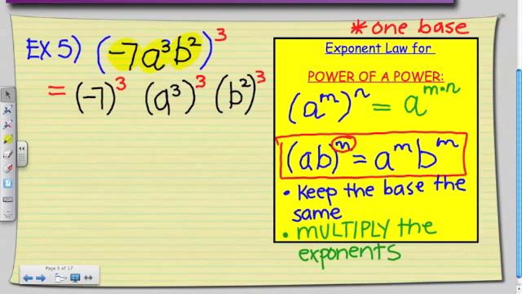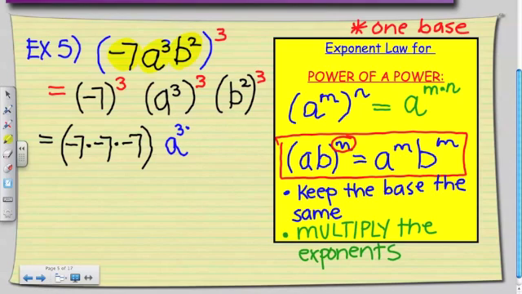So negative 7 to the power of 3 you could figure out on your calculator. For your Unit 1 test, we're not going to be using calculators. So you have to do -7 times -7 times -7. Then I keep my base the same and I multiply my exponents. Keep the base the same, multiply the exponents.